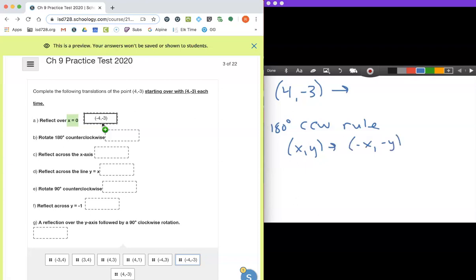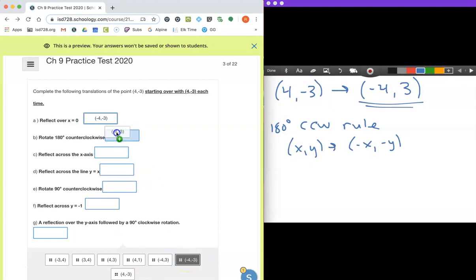Notice I'm not saying negative x, negative y. The opposite of x, where x is 4, is -4. The opposite of y: y is -3, so the opposite of -3 will be +3. So my answer here is (-4, 3).